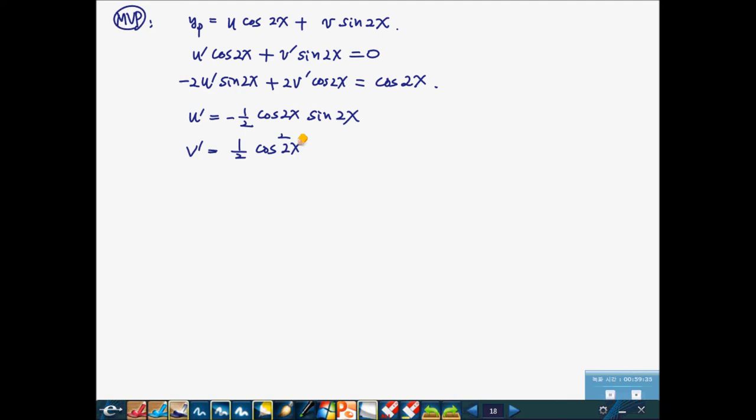Okay, so u will be, let me skip it, cosine 4x, and v is 1 over 4x plus 1 over 16 sine 4x.